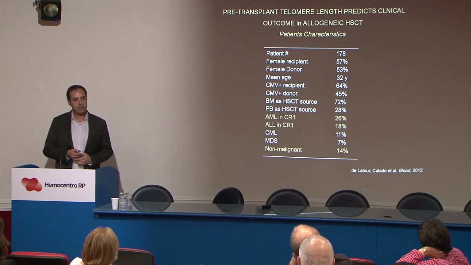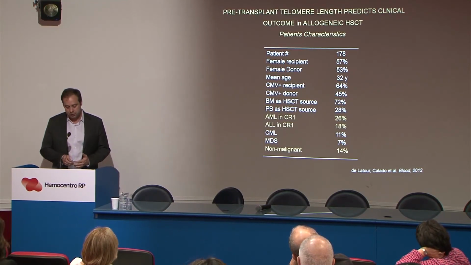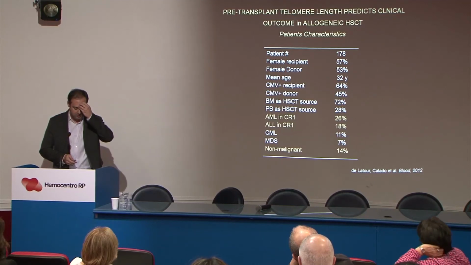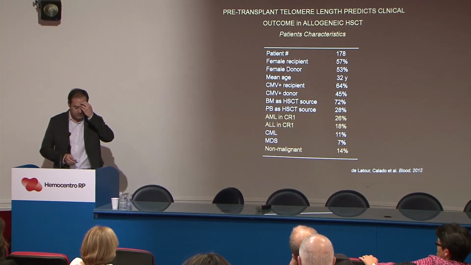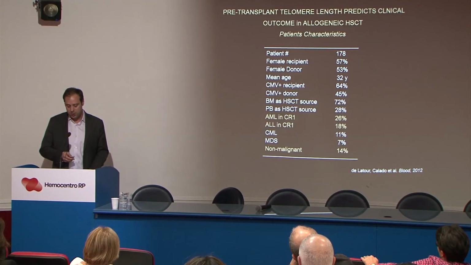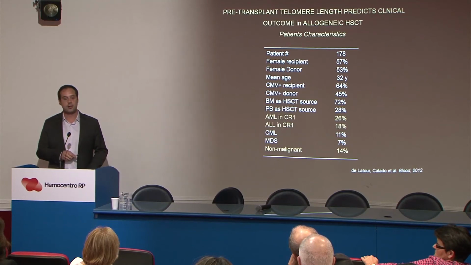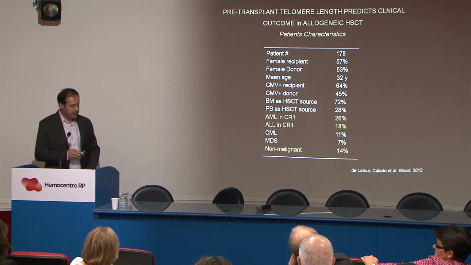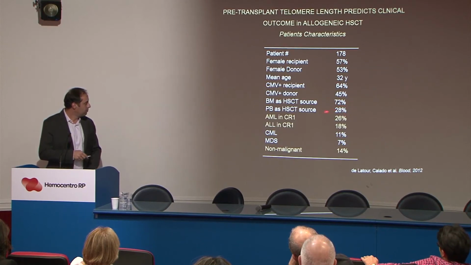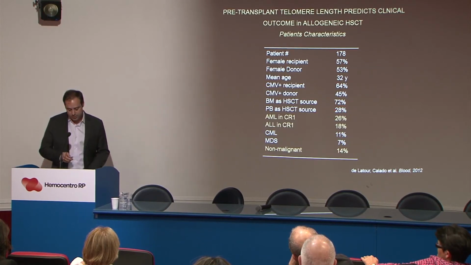What is the clinical outcome of this telomere shortening? Régis Peffault de Latour at the Hôpital Saint Louis and I first looked at a series of patients who underwent sibling allogeneic stem cell transplant for a variety of disorders, but mainly AML in remission or other malignant disorders.